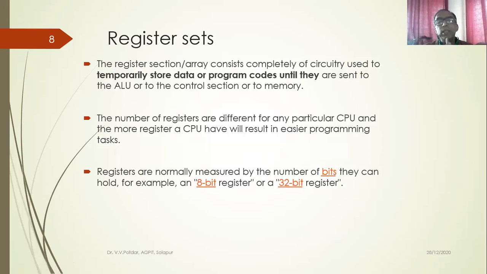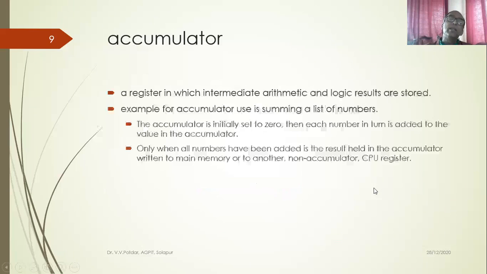The number of registers is different for any particular central processing unit (CPU), and the more registers the CPU has, the easier the programming tasks will be. Registers are normally measured by the number of bits they can hold. For example, an 8-bit register or a 32-bit register, right? So these are the register sets.